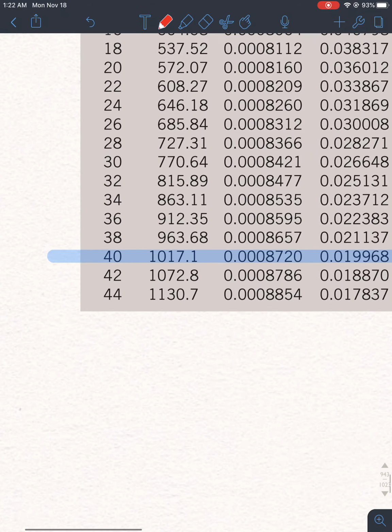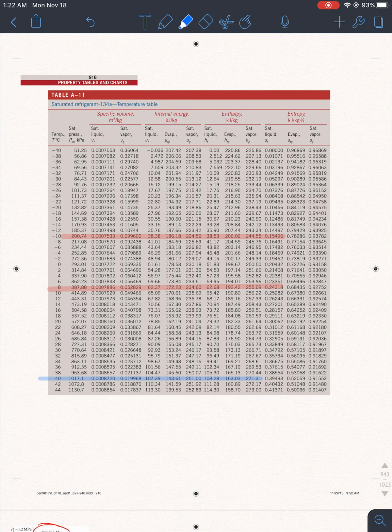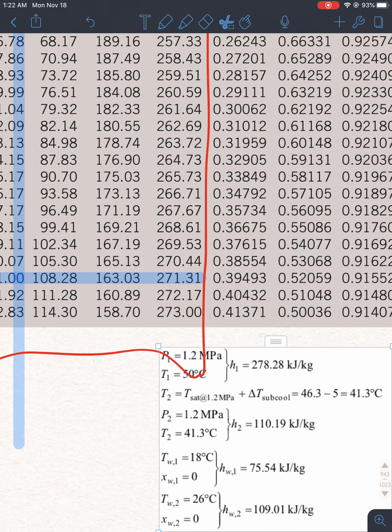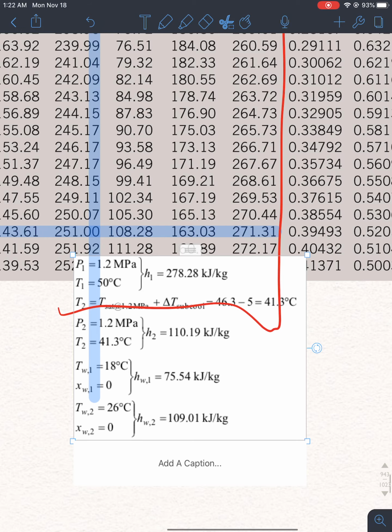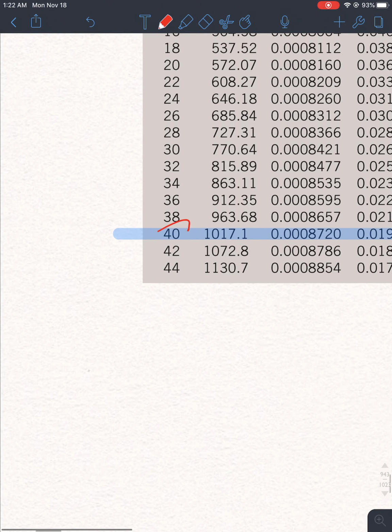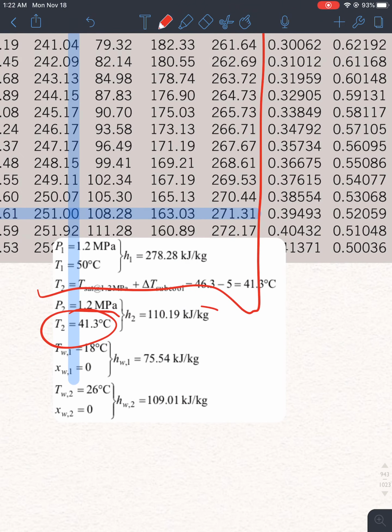What am I talking about? I'm looking at the wrong place. Here we are. Oh man. Here's the correct enthalpy table. Here it is, and we are looking in this region. Temperature 41 Celsius. This is close enough to 41, so the value should be a little bit bigger, greater.